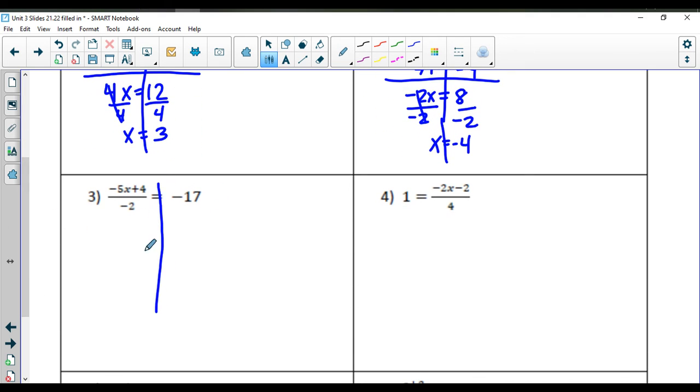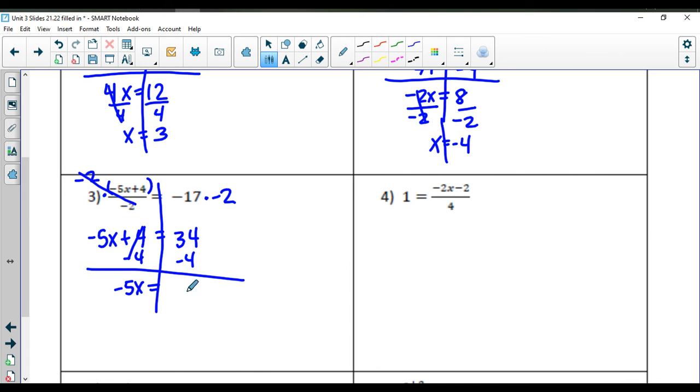Number 3, junk, times by negative 2 so that you eliminate that bottom. Over here, that'll give me 34. On the left, I'm going to have negative 5x plus 4. Subtract 4 on both sides. Negative 5x equals 30. Divide by a negative 5. X equals a negative 6 then.